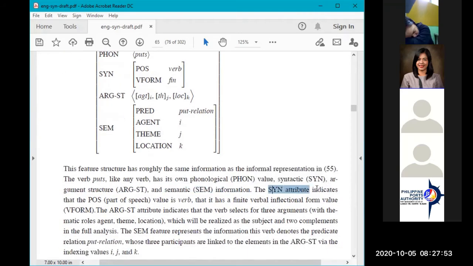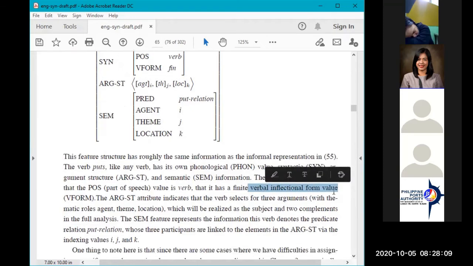The syntactic attributes indicate that the part of speech, or POS, value is verb, and that it has a finite verbal inflectional form value, or VFORM.